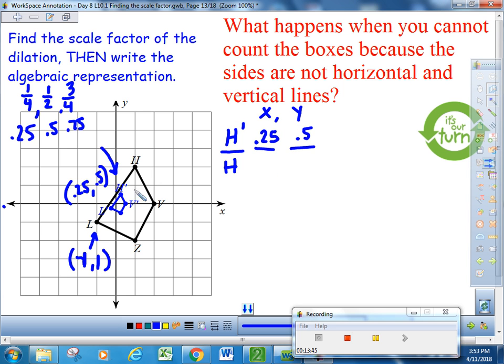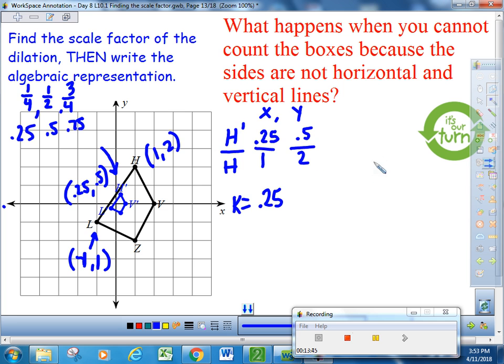Now I'm going to write the H ordered pair. The ordered pair for H is 1, 2. So I'm going to put 1, 2. Now, I just need to simplify, and that is my K. 0.25, 25/100 over 1 is 25/100.